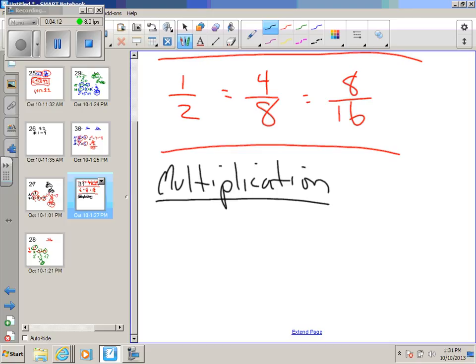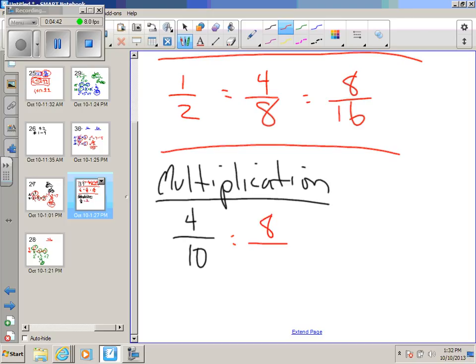So if I gave you the fraction 4/10, and I wanted you to give me 3 equivalent fractions for 4/10 using multiplication, you can use whatever you want because you can multiply any number times any number. So if I wanted to play it safe and say, okay, I'm just going to multiply by 2, as long as I do what? Multiply both the numerator and the denominator by 2, then I should be set.